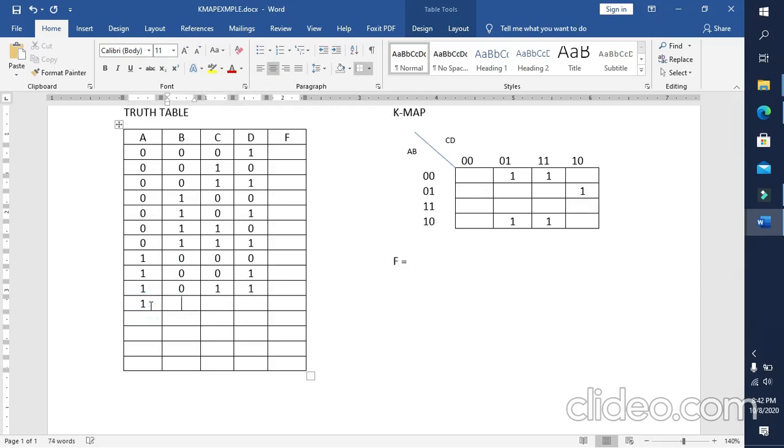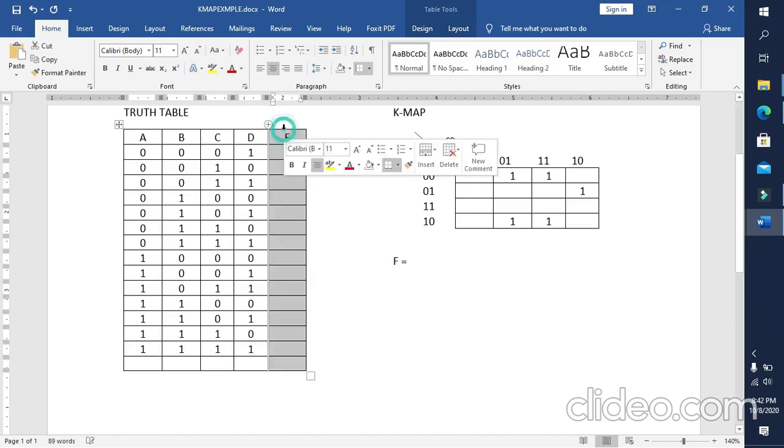Then 1, 1, 0, 0, 1, 1, 0, 1. Then I have 1, 1, 1, 0. And I have 1, 1, 1, 1.